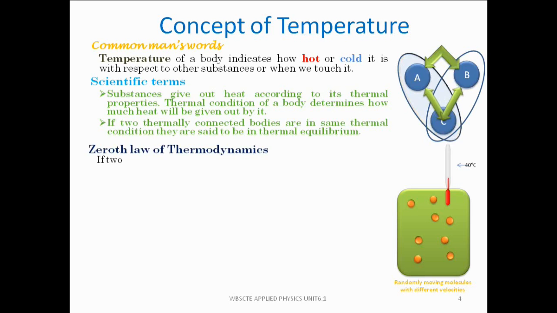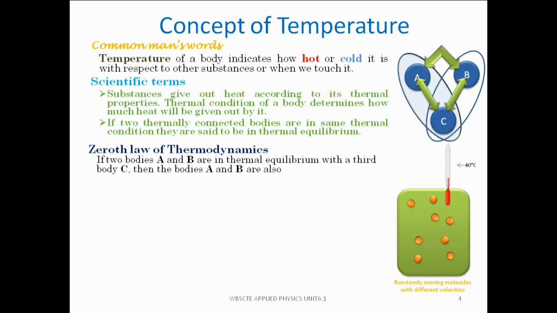Zeroth Law of Thermodynamics: if two bodies A and B are in thermal equilibrium with a third body C, then the bodies A and B are also in thermal equilibrium. We see this in the figure in the top right corner.